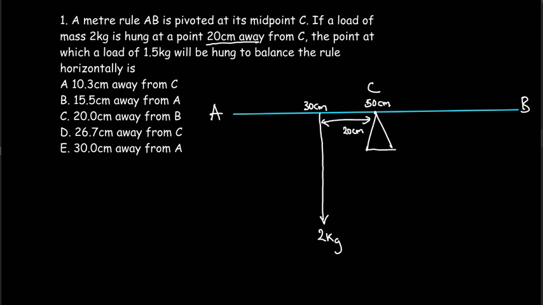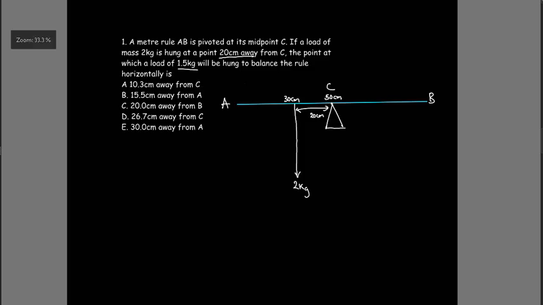So where should we hang a 1.5 kg mass to balance this meter rule horizontally?